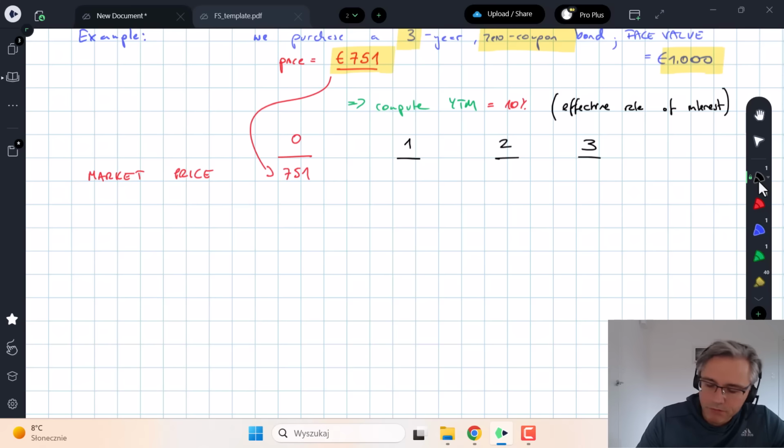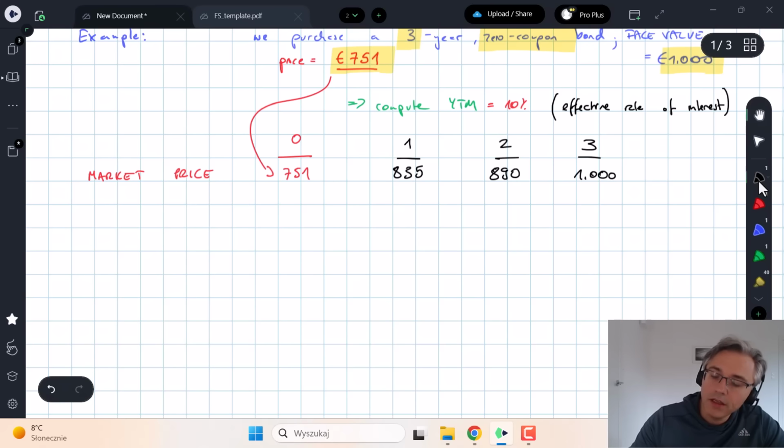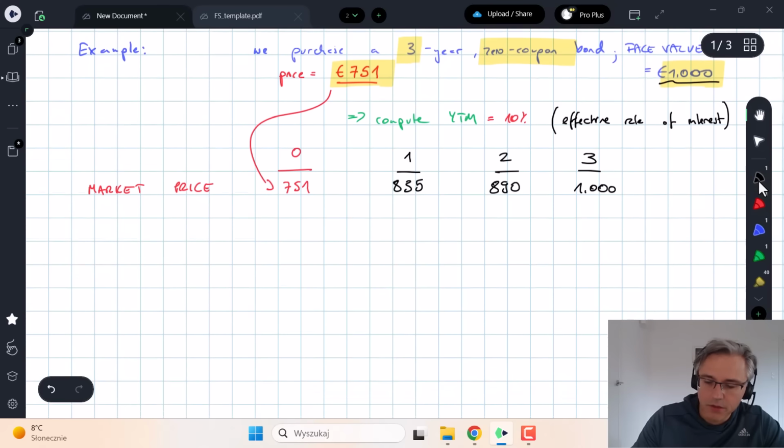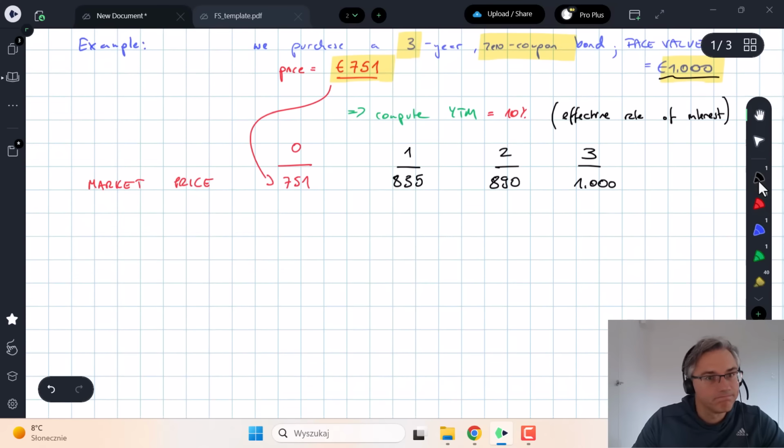Maybe after 1 year, it would be worth 835 in the market. At the end of year 2, 890, and of course, by the end of year 3, it should be equal to 1,000, which is what you're going to, in just a moment's time, receive from the issuer.